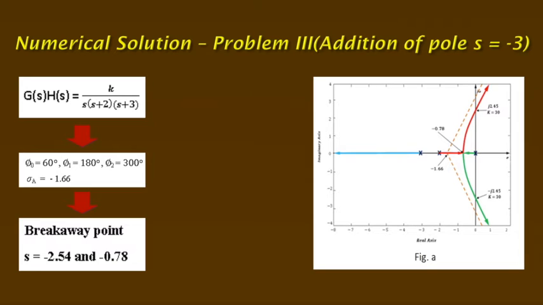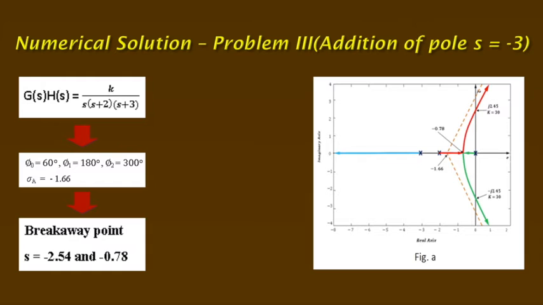Then calculate the break-away point. Taking the characteristic equation 1 plus GSHS equal to 0, find the value of K. K equal to minus, within the first bracket, S to the power 3 plus 5s square plus 6s. And taking dK by dS equal to 0, this equation is 3s square plus 10s plus 6 equal to 0.